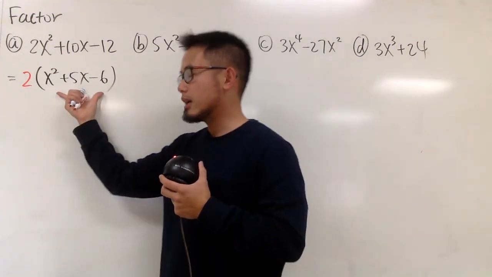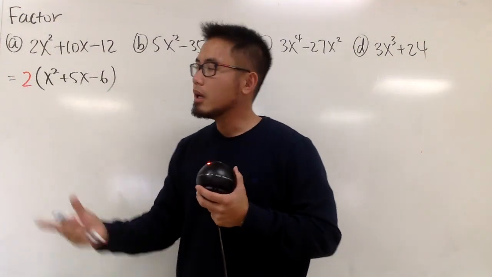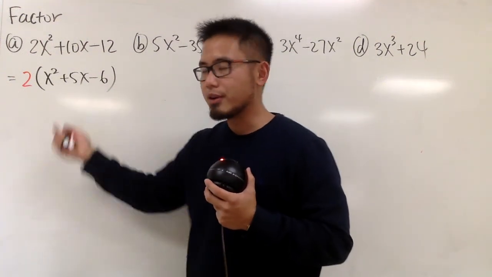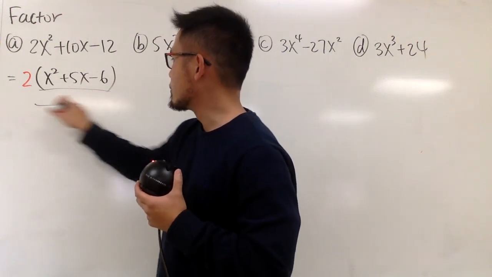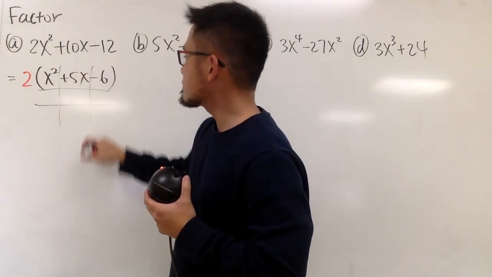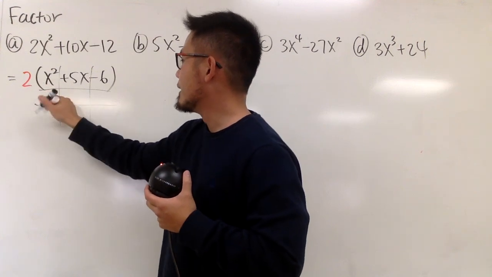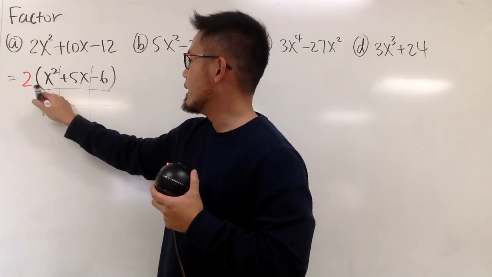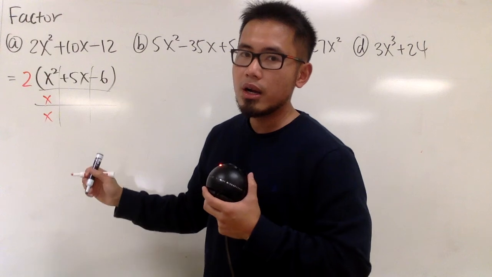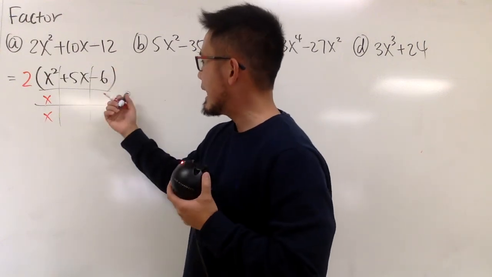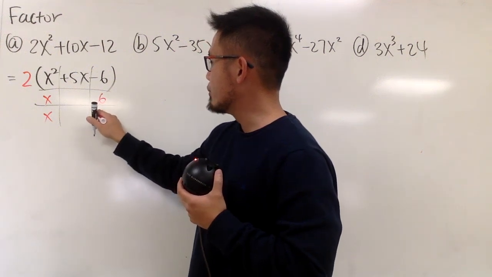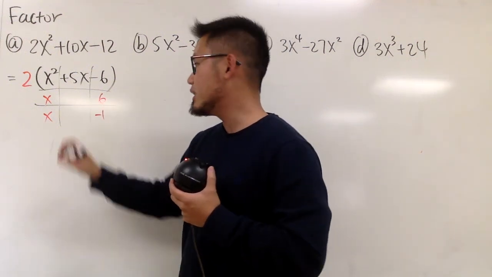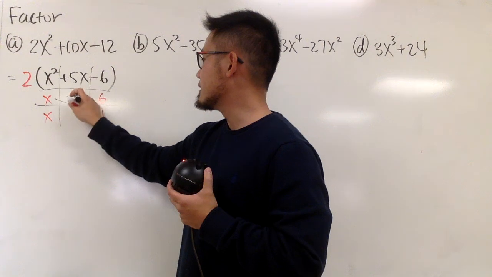And then we see that here we have 3 terms. In this case, in fact, we can still factor it, okay? You can do it by the tic-tac-toe. I will show you guys this real quick. So I will just say, x times x give us x squared. And also, for the negative 6, I need to have 6 and 1. And I'm going to make the 1 negative because you will see x times negative 1, that's negative x.